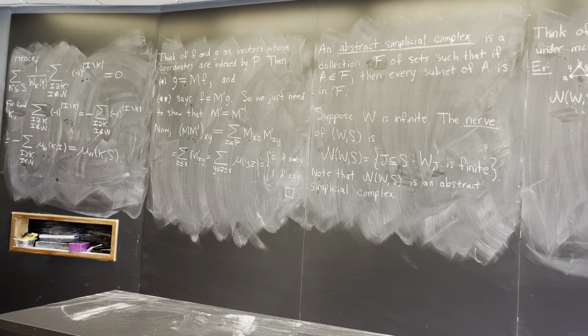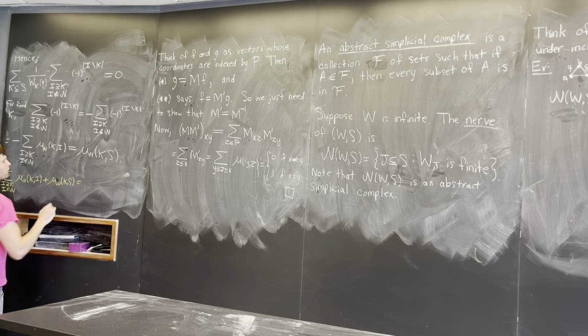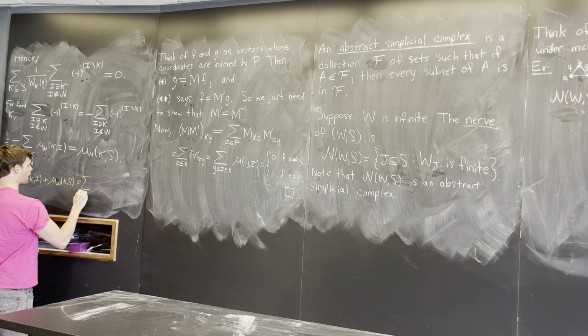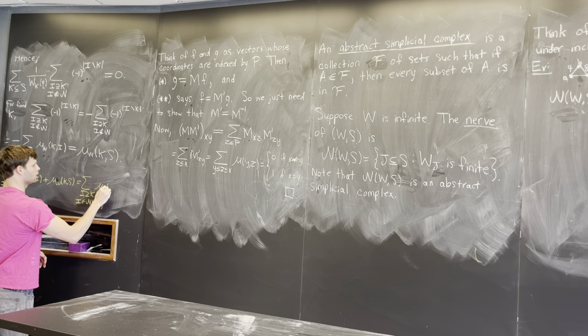Right, so maybe I'll write down exactly what I'm doing here and then I'll finish. If I were to write down the sum over I containing k, I in the nerve of mu n of k,I plus mu n of k,s, this is the same as if I took the sum over I containing k and I in the nerve union s of mu n of k,I.